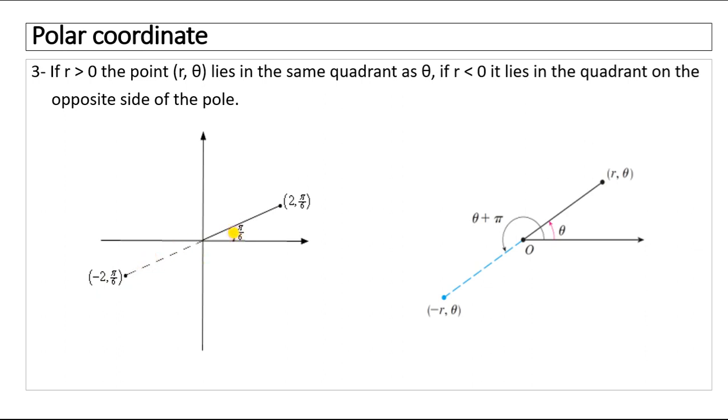Theta is in the first quadrant, but the point P, if r is negative, lies in the opposite quadrant, the third quadrant.